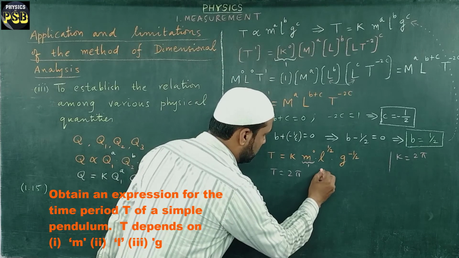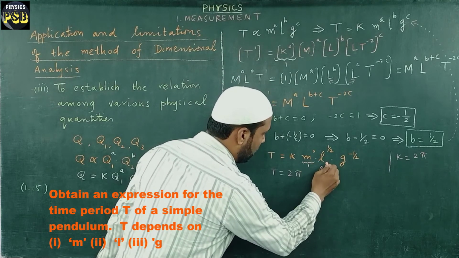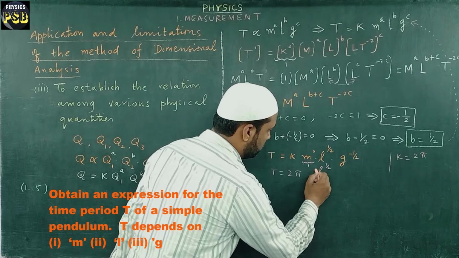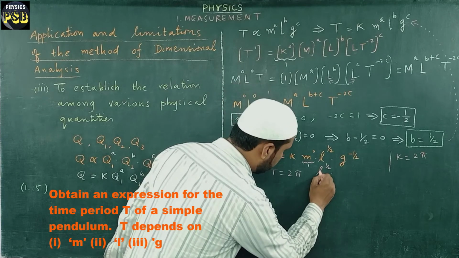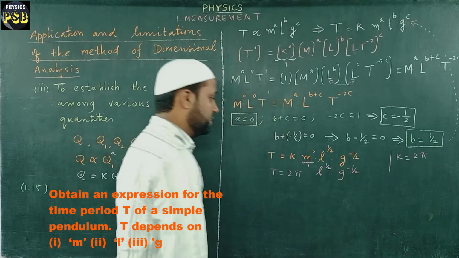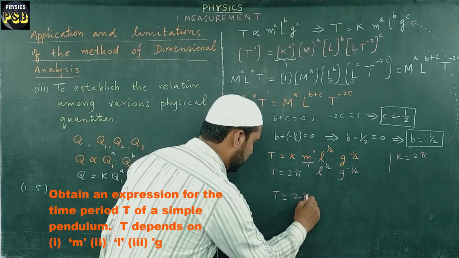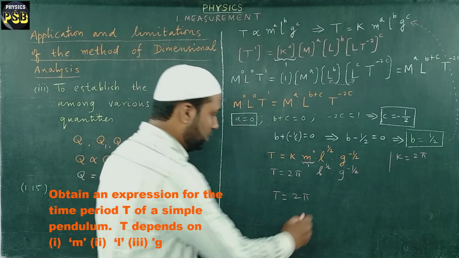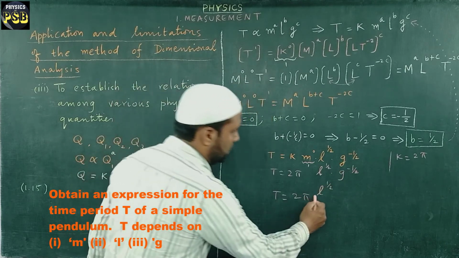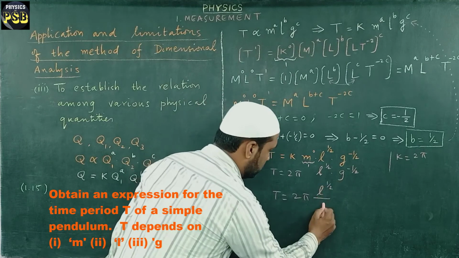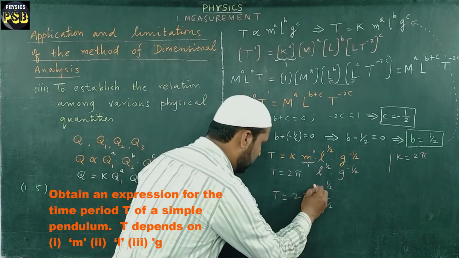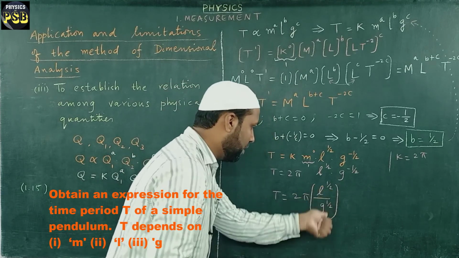Now L power half into g power minus half. This can be written as T equals 2 pi. See what I do, look at this carefully. All right, g power minus half, I take this term to the denominator, so minus half will become plus half. Now if you look at this part of the equation, you will find both of them have the same power.